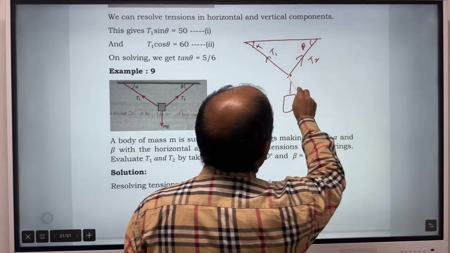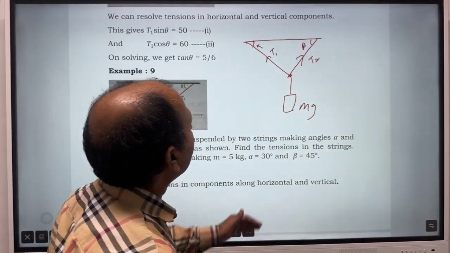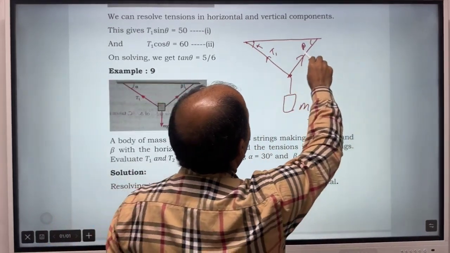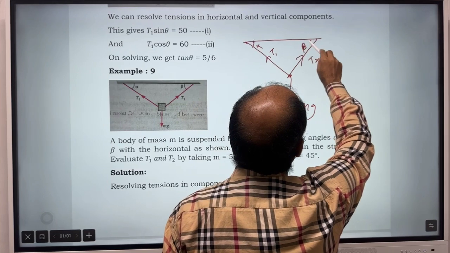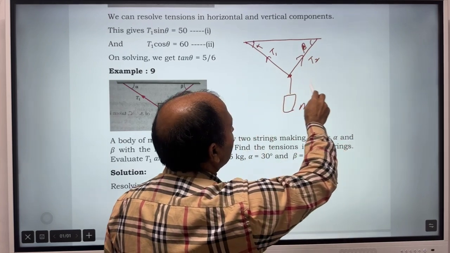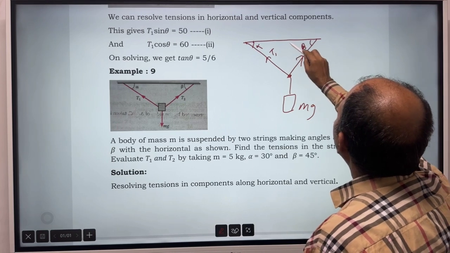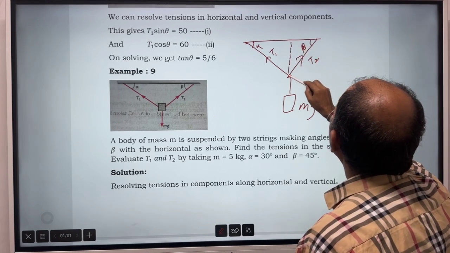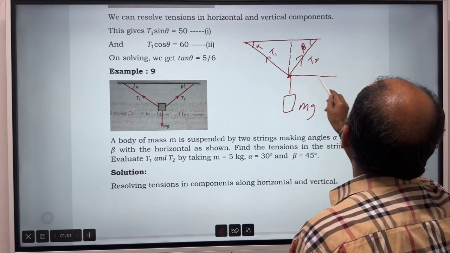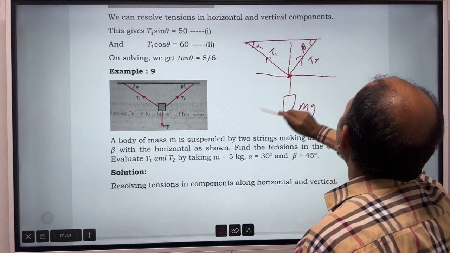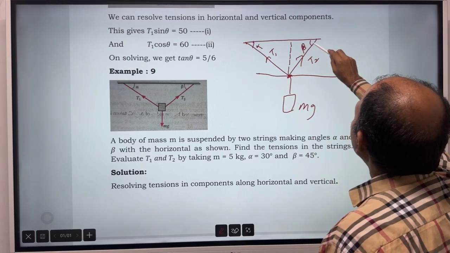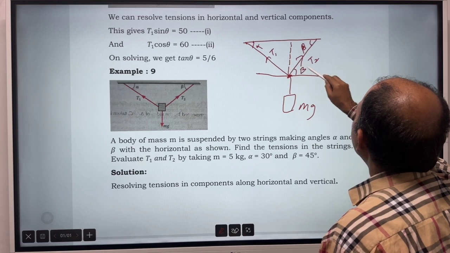Now again, this point is in equilibrium. So in order to be in equilibrium, what we have to do, we have to take the components of different forces. So draw vertical line, draw horizontal line, and then this is T2.